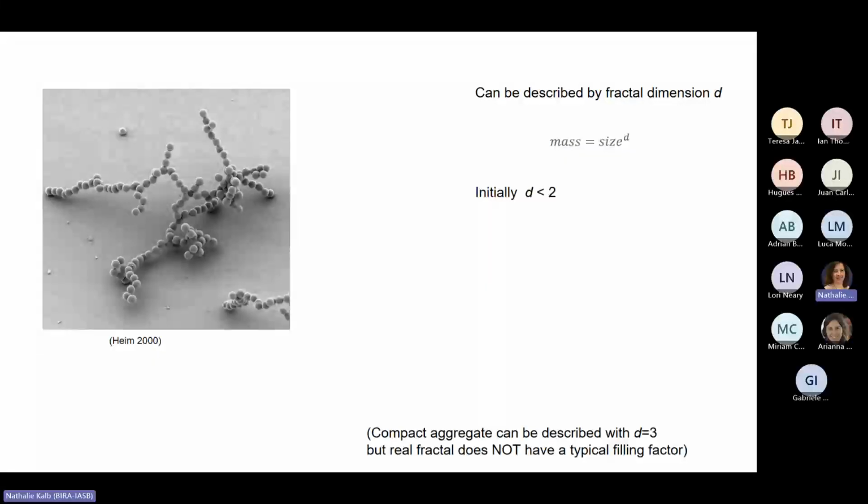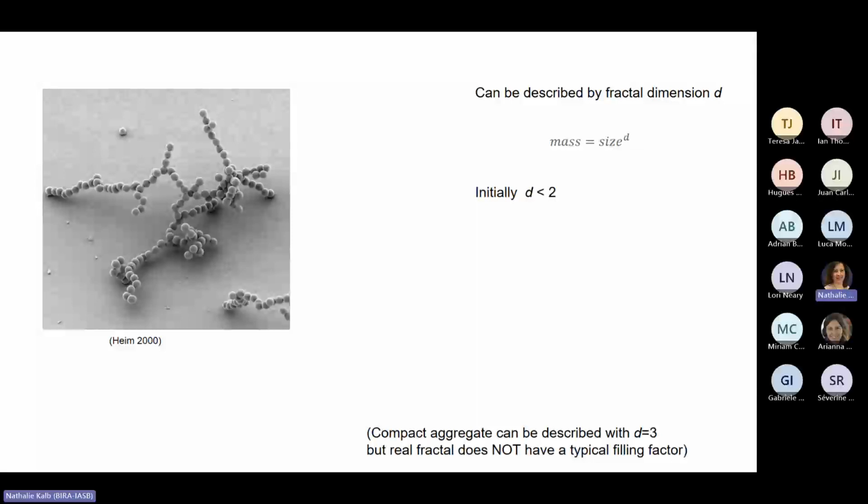On the other side, if you take this fractal, fractal means that the mass of the aggregate is not increasing with the size to the third power, but something else, a fractal dimension, which is usually not a whole number, but something like 1.8 or whatever. So something usually smaller than 2.